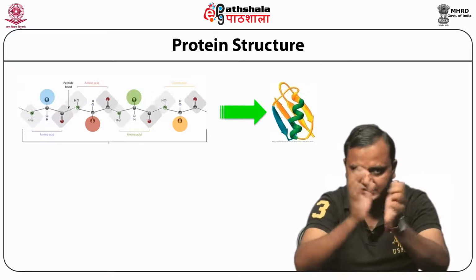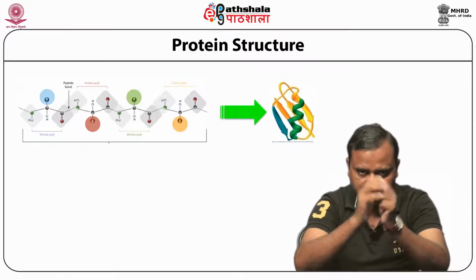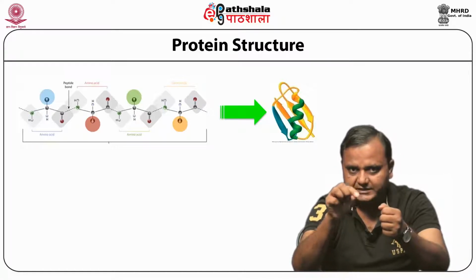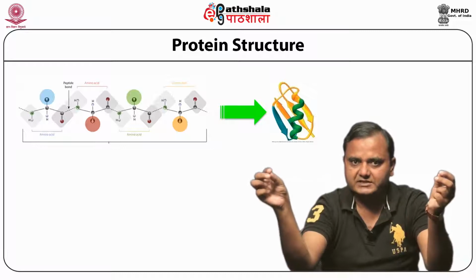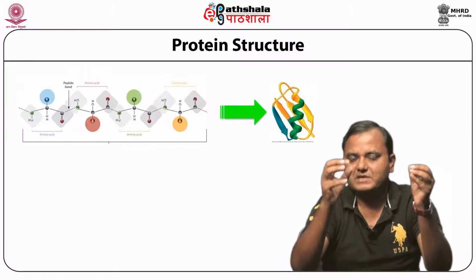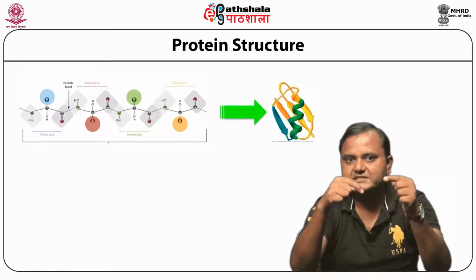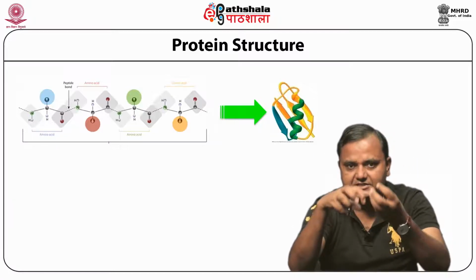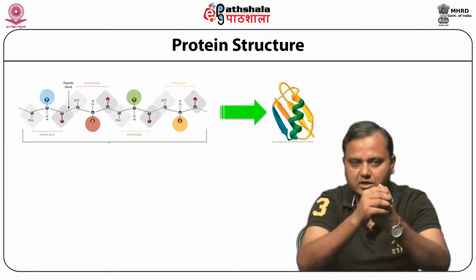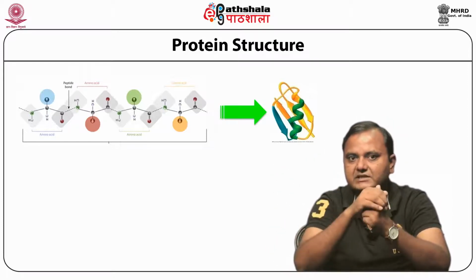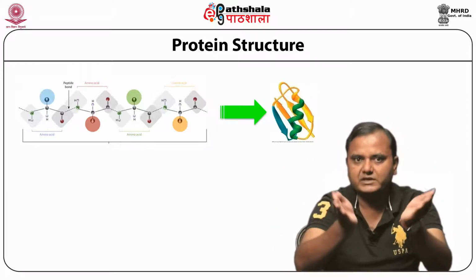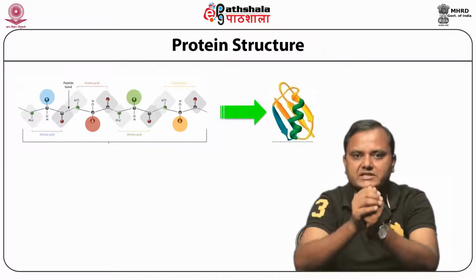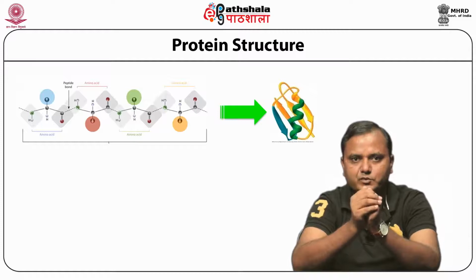You can see here in the diagram that amino acids are joined linearly in the form of a string, and then these amino acids go into some secondary structures like alpha helices and beta strands, and the side chains protrude out from the main chain conformation, which helps to fold the protein from its linear conformation to a well-defined three-dimensional structure. That's the native state of the protein.